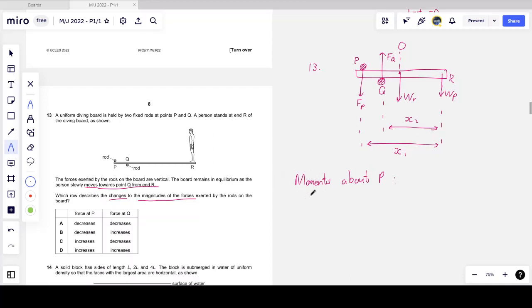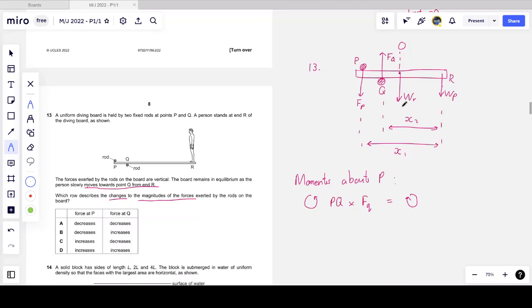If I start with anti-clockwise moments, I have PQ times the force FQ. PQ is the distance between P and Q, the horizontal distance, the distance that's perpendicular to the forces. And if I consider the clockwise moments, I only have one anti-clockwise moment. It's only the force FQ that's going to cause the diving board to tilt anti-clockwise.